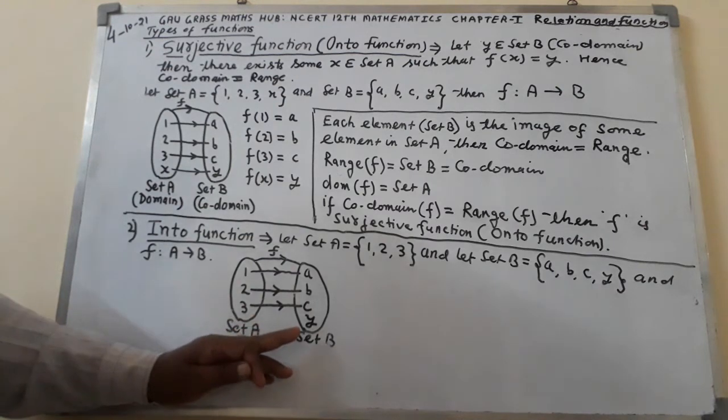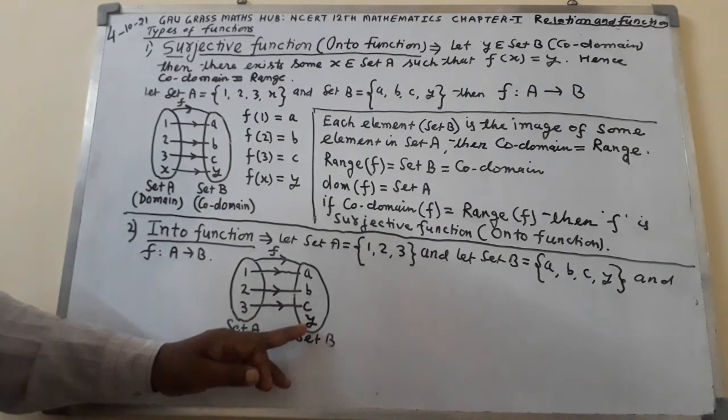So here you can see in set B, y is the element which is not an image.